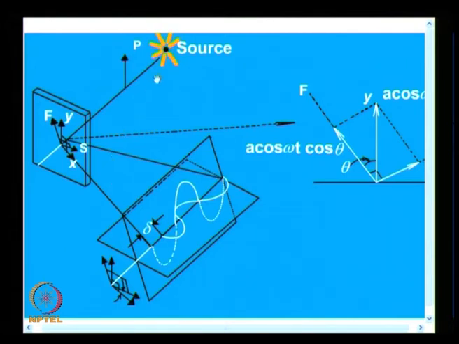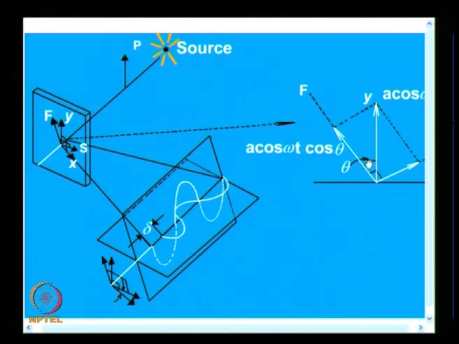What you find here is I have a natural source, I put a polarizer, I know definitely what kind of light impinges on the crystal plate, and this splits into two rays when it enters the model.